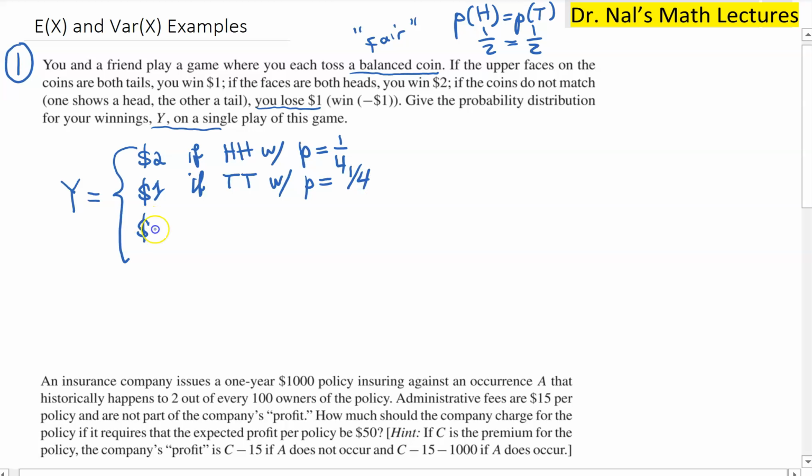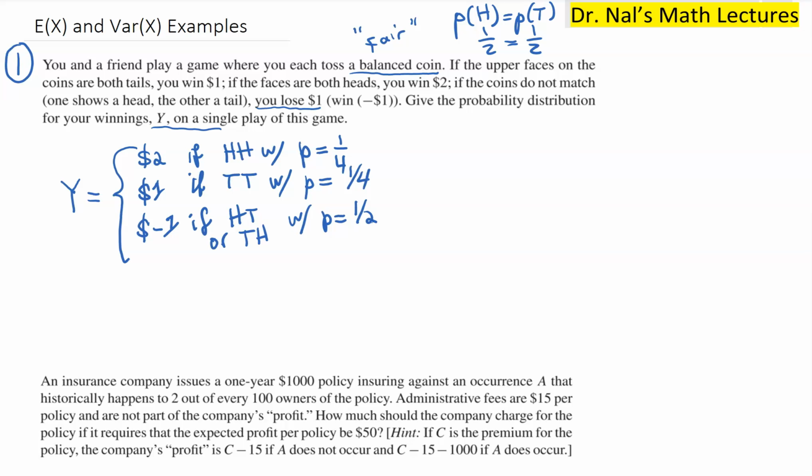Or we will end up losing $1 if head tail or tail head. And the probability of such an outcome happening is 1/2, right? So 1/4 chance for head tail, 1/4 chance for tail head, so 1/2. Now the question is the probability distribution. We have it here. You can put it in a histogram, but you guys can have a look at that.